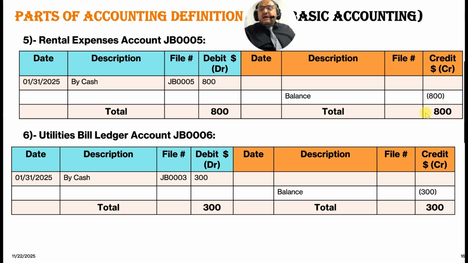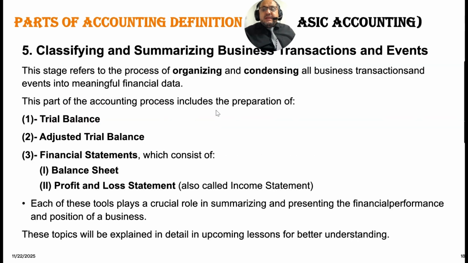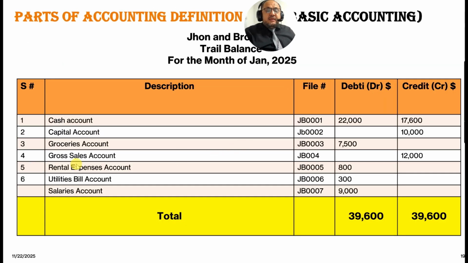And here at the trial balance column, instead of 800 we write 0, and here we write 800. This is practical work. Here see the rental expenses, JB Brothers paid 800, but here in credit 0.